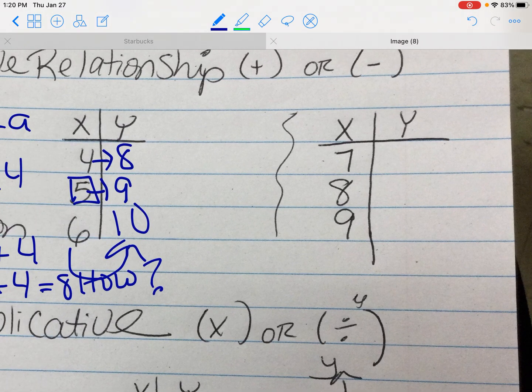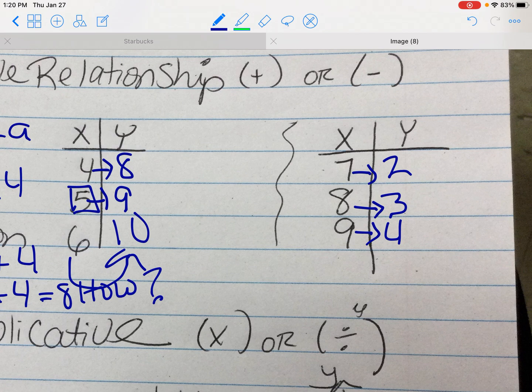Look at this one. So if I go 7, and then I go to 2, 8 to 3, 9 to 4. What do I do to 7 to get a 2? And it has to be the same rule.